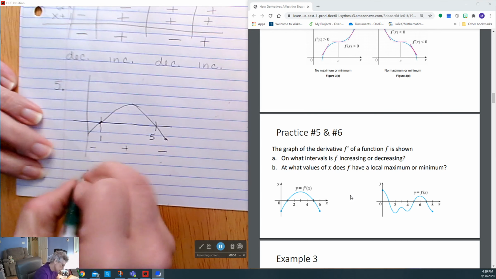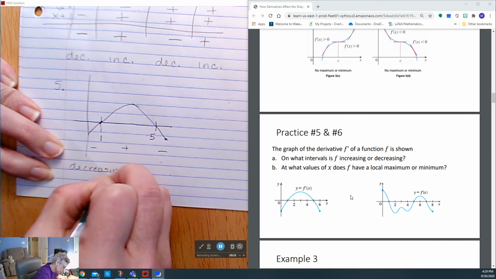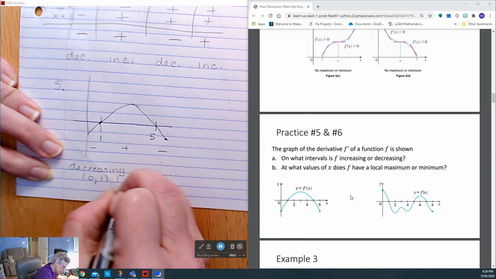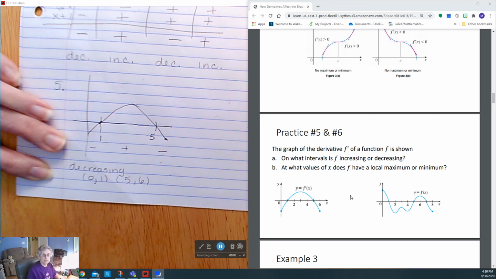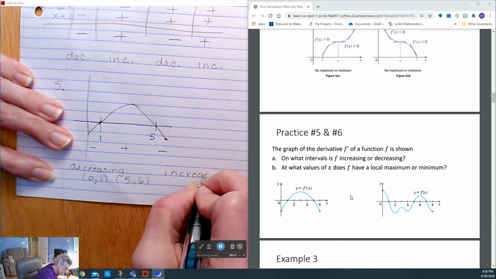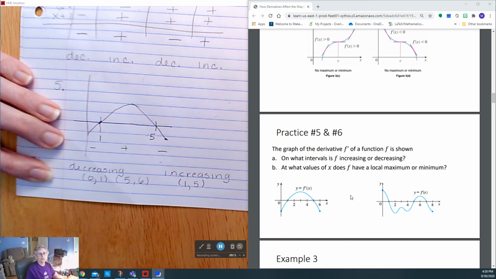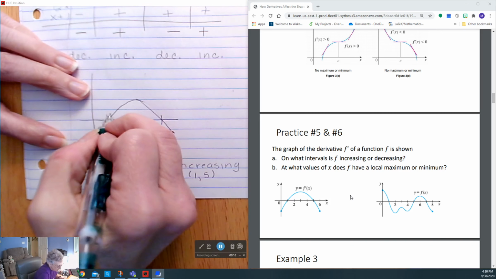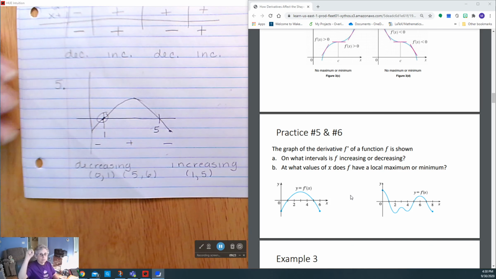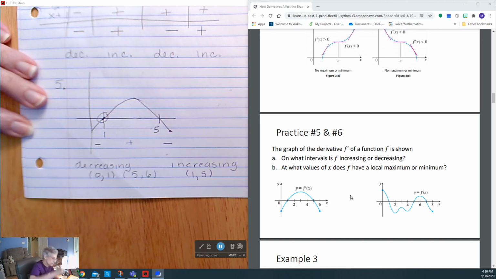So it is decreasing from 0 to 1, and again from 5 to 6, and it is increasing from 1 to 5. Here at 1, it changes from a negative derivative, decreasing, to a positive derivative, increasing.